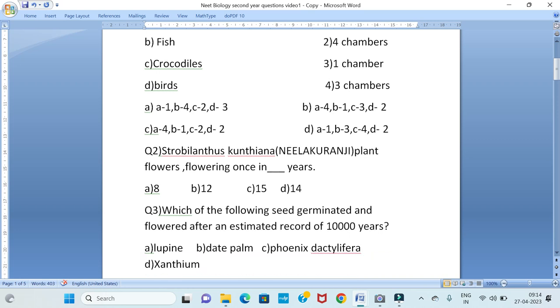Next, which of the following seeds germinated and flowered after an estimated record of 10,000 years?